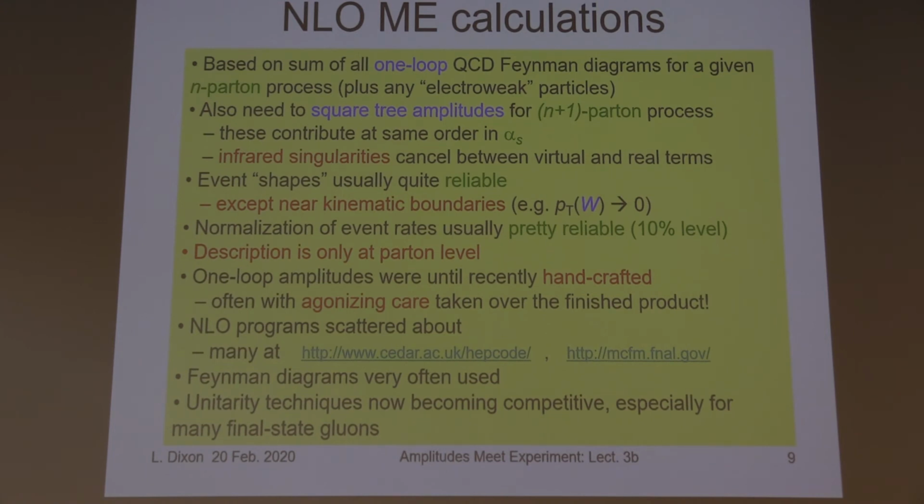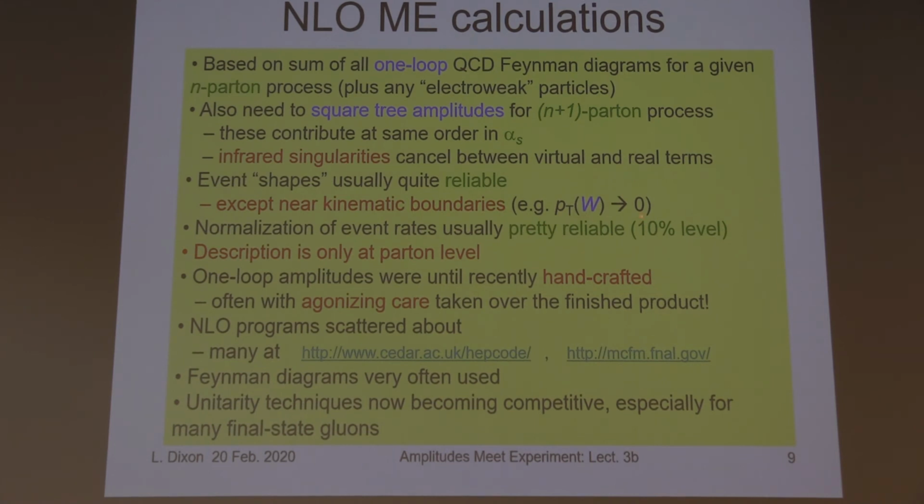So next to leading order matrix elements, that's been a big industry. This is a little bit old, but basically you get much more reliable normalizations, good to maybe 10 or 20%, depending on the processes. You can also get event shapes somewhat reliable, but there are definitely cases where you need to do better.